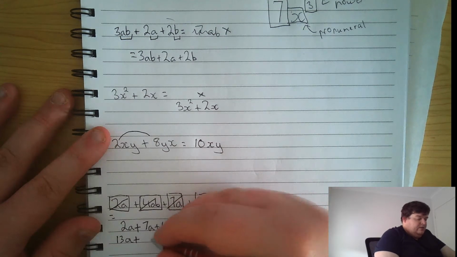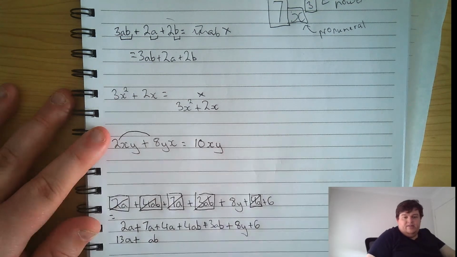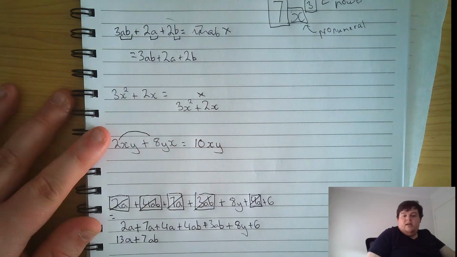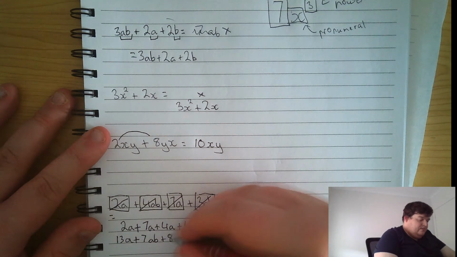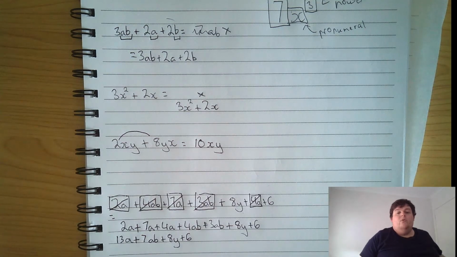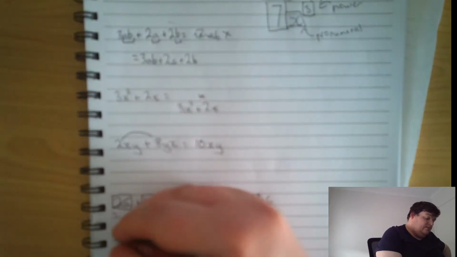So again, it's going to be something ab. I do 4 plus 3, which gives me 7ab. Then I have 8y, and then I have 6. I can't collect these terms any more than that because none of them are the same now. So that's actually my answer.